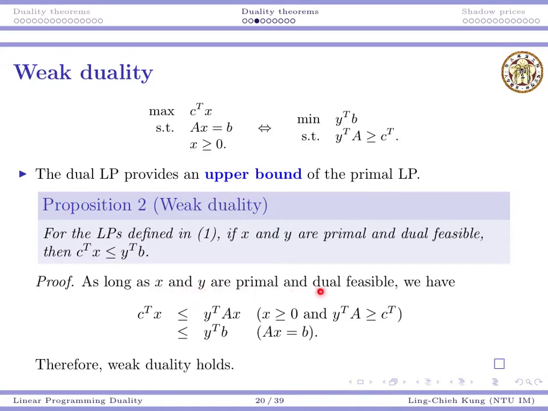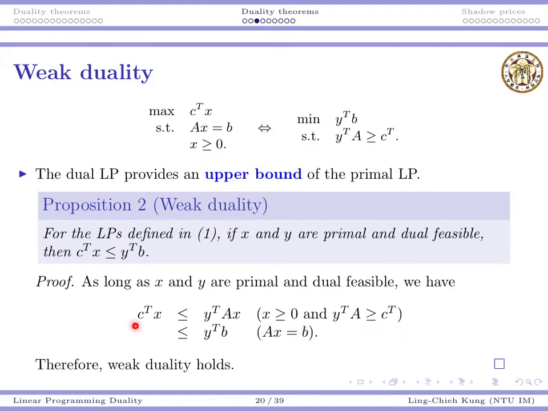x and y are primal and dual feasible. So for c transpose x, we know it is less than or equal to y transpose Ax. Why? c transpose is less than or equal to y transpose A. Here, if y is dual feasible, this must be true. And also if x is primal feasible, then x would be non-negative.